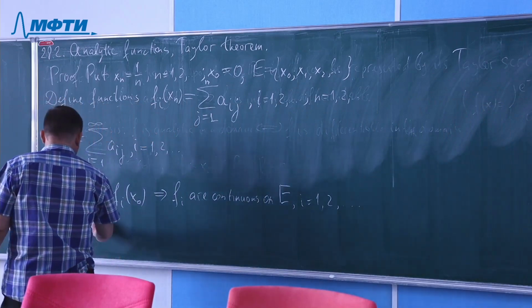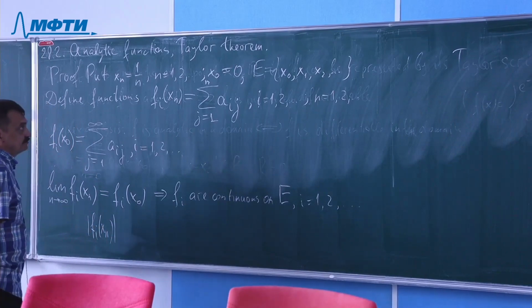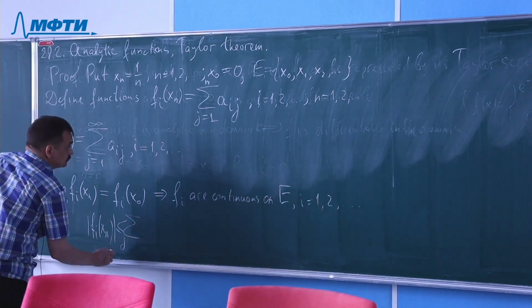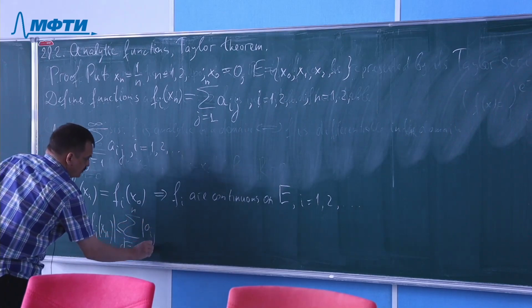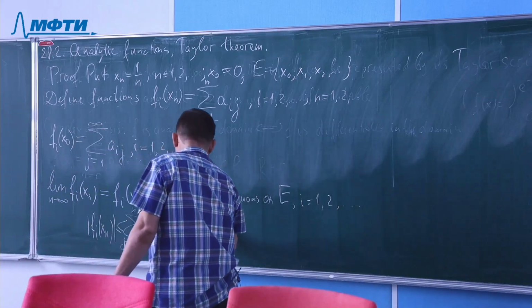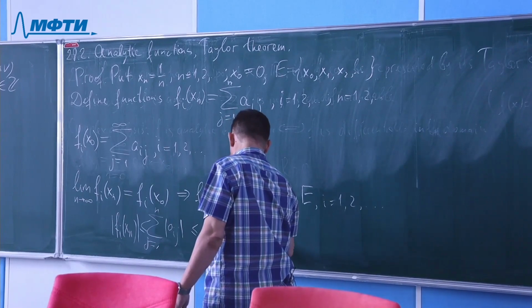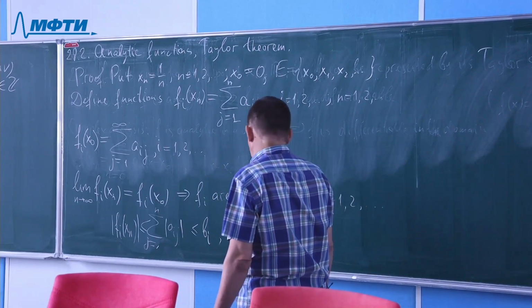Moreover, the absolute value of f_i of x_n is less or equal to the sum of the moduli of a_ij, so less or equal to b_i for every value of i and n, right?